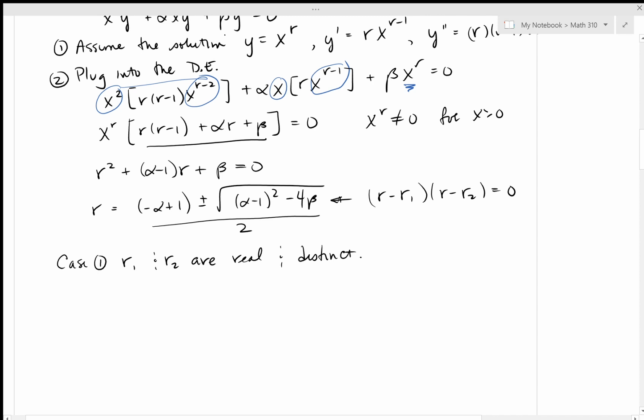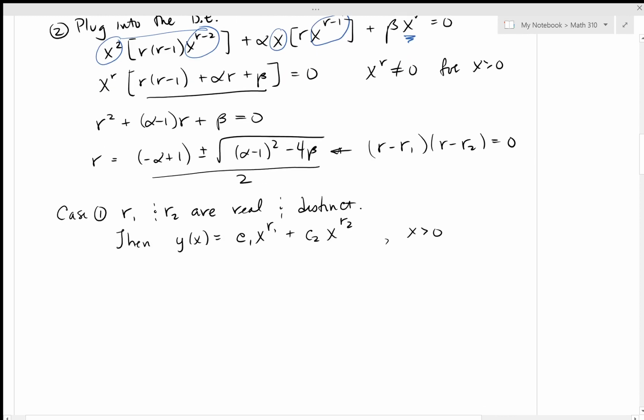Then in that case, the solution to the Euler equation, y of x, will look like this: c1 x to the r1 plus c2 x to the r2. That's, again, x greater than 0. Okay, next, case 2, when we have r1 equals r2 and they're real, so we have a single root with multiplicity 2.